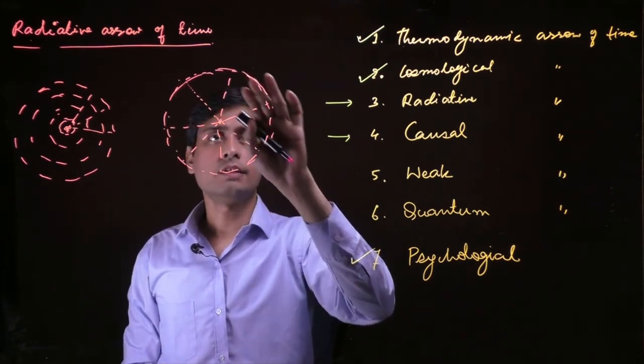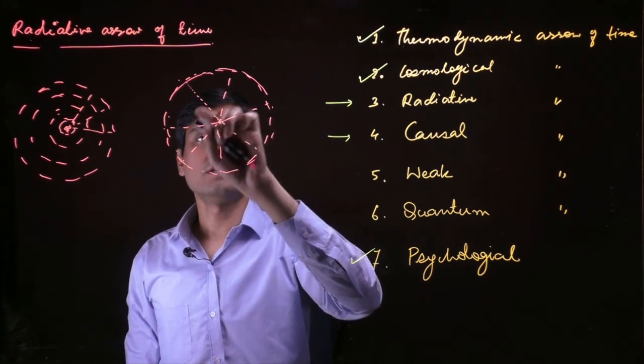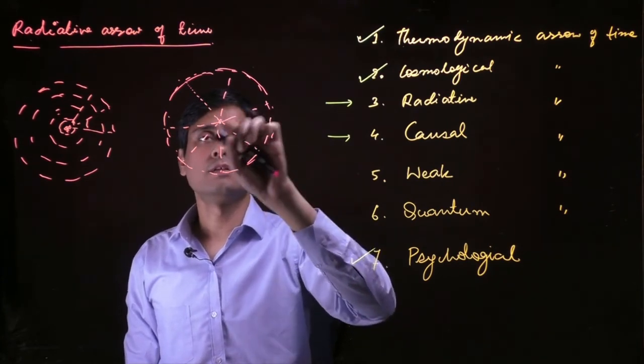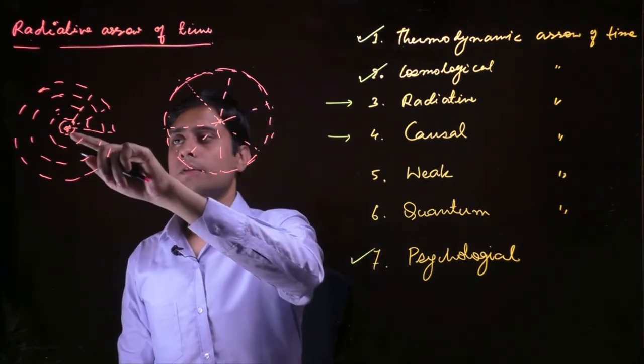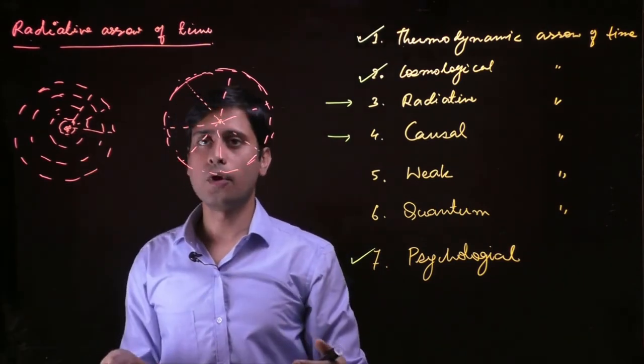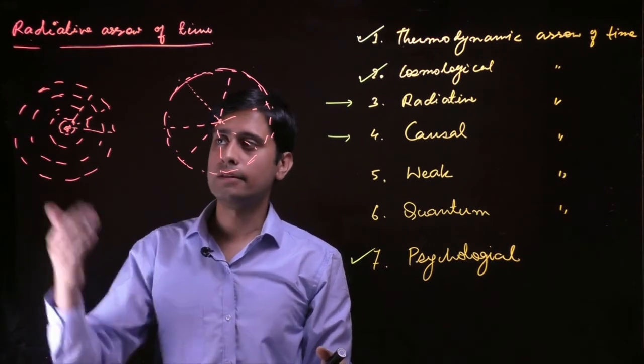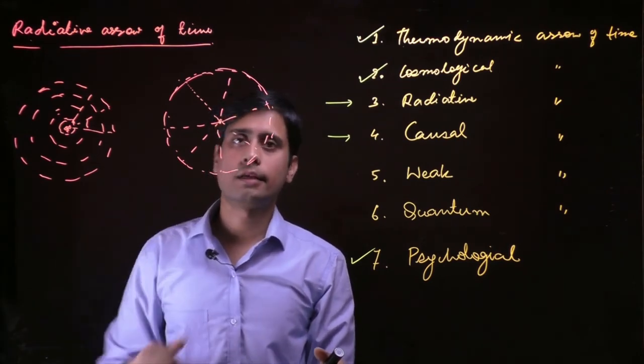So the disturbance here is disappearing and the disturbance in the center of the circle is increasing, but here the disturbance is starting from a single point and is spreading throughout the pond. So the randomness of the system is increasing in this kind of wave rather than this kind.